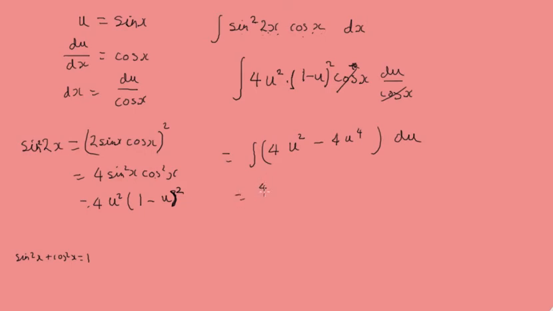So that's going to give us 4 over 3 u cubed minus 4 over 5 u to the power 5 plus c, and we substitute back in for our value of u, so it's going to be 4 over 3 sine cubed x minus 4 over 5 sine to the power 5 x plus c.